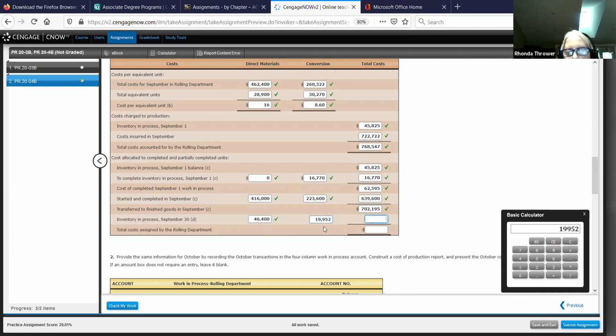Now we're going to combine the two of these together to get our ending inventory. Our ending inventory for this month is 66,352.